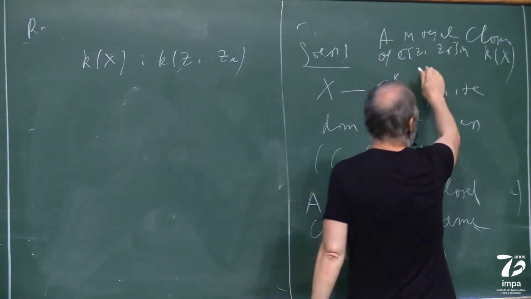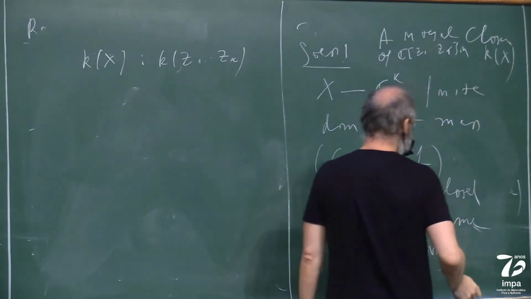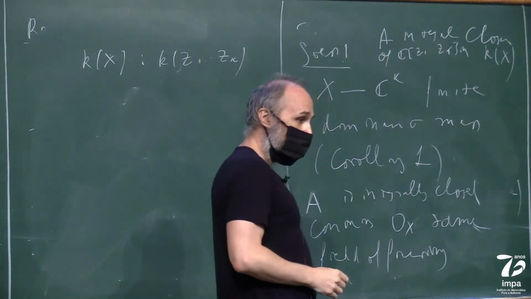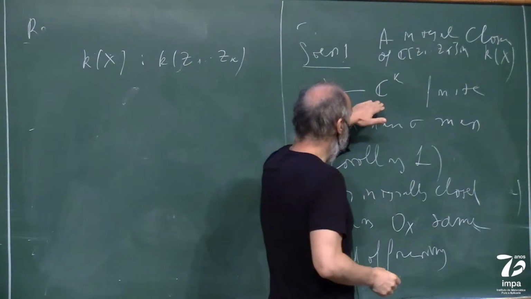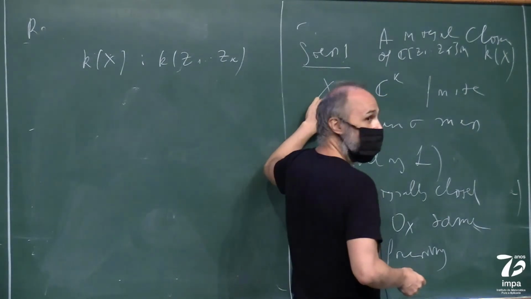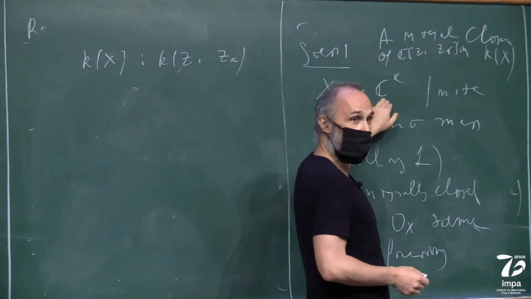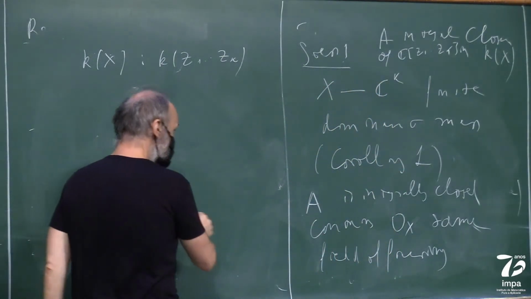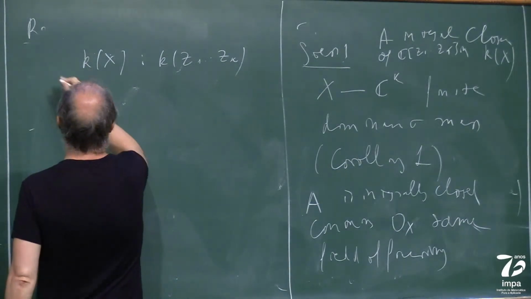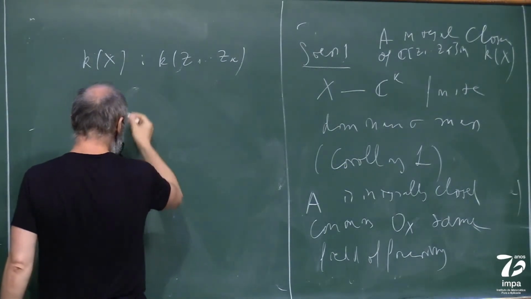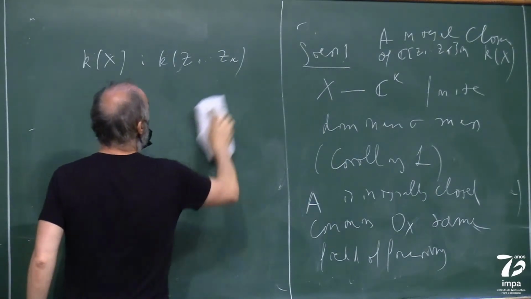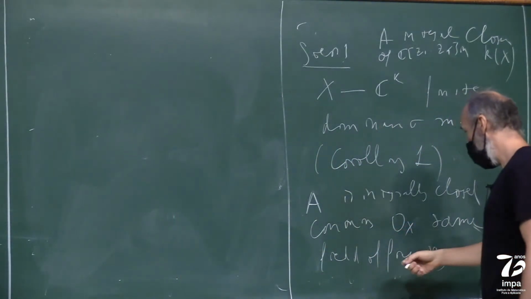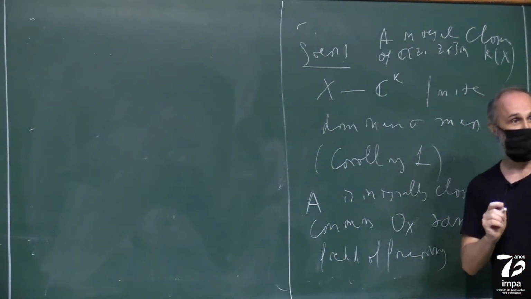And second, it has the same field of fractions because, in fact, it contains O_X. O_X is finite over C^k, so A contains O_X. So A contains O_X, has the same field of fractions, and is integrally closed.